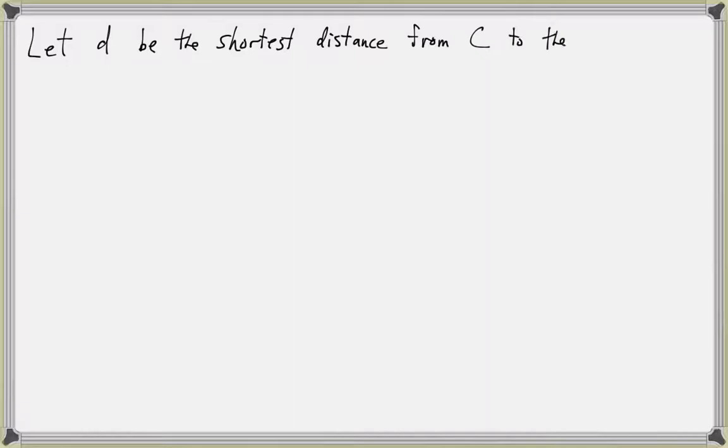Further, let's let lowercase d be the shortest distance from this contour C to the boundary of the domain D. Now, in the case where D is the entire plane, we could choose any positive value for d.